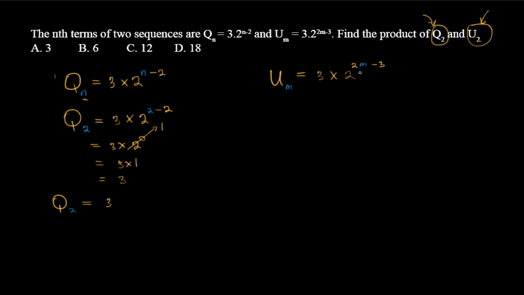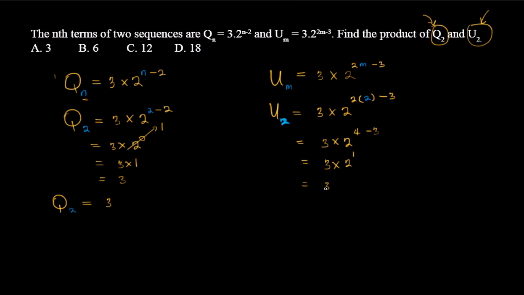The next thing is I go to u sub m and find u sub 2. So u sub m equals 3 times 2 raised to the power 2m minus 3. This time my m is 2, so this is 3 times 2 to the power 2 times 2 minus 3. 2 times 2 is 4, and 4 minus 3 is 1.